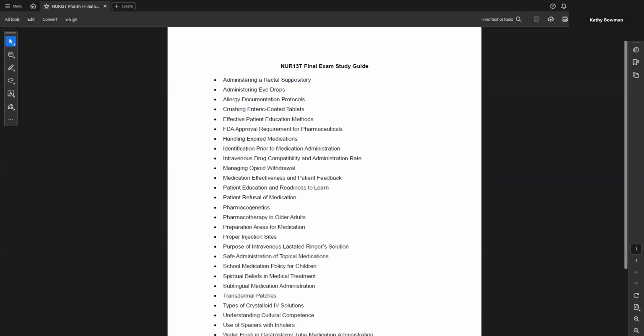Transdermal patches. Nitroglycerin is an example too. It's good for providing consistent blood levels for the patient, okay? It really avoids the highs and lows, the peaks and the troughs of the level of the drug.